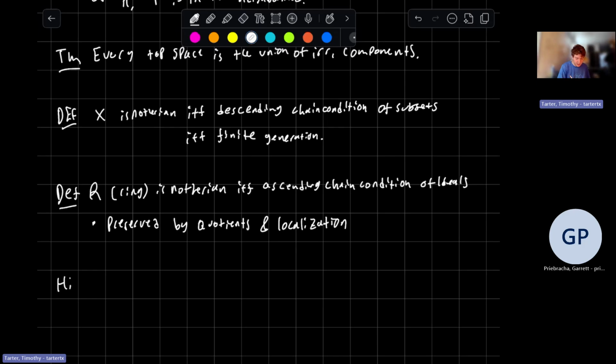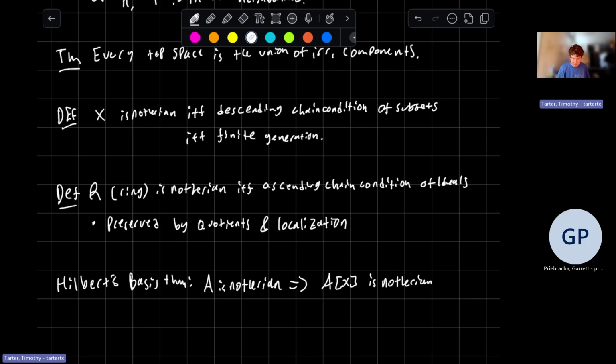And then we have Hilbert's basis theorem, which we've already talked about, which is that if A is Noetherian, then A[x] is Noetherian. We're kind of just flying through this, so feel free to read through this more, but we've already covered this stuff in Hartshorne 1.1.